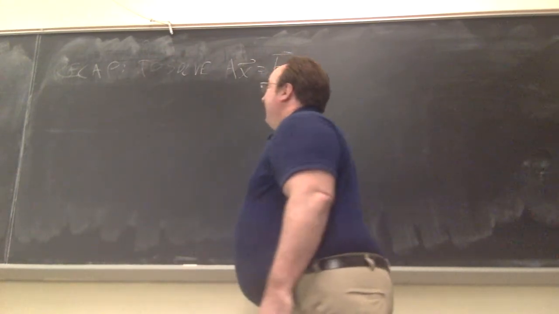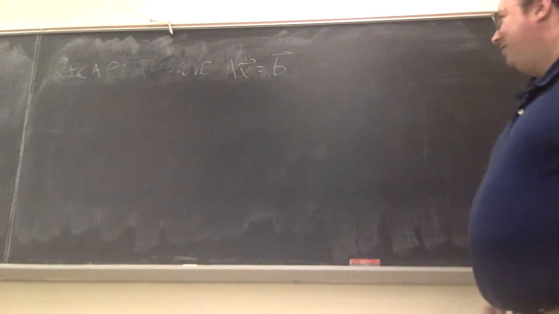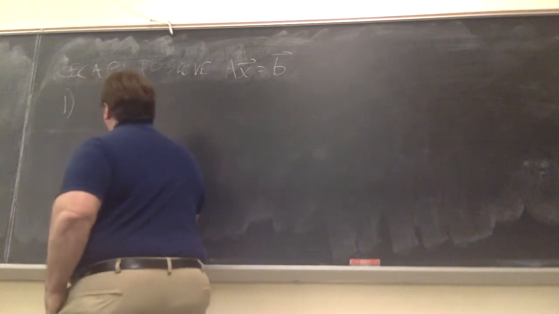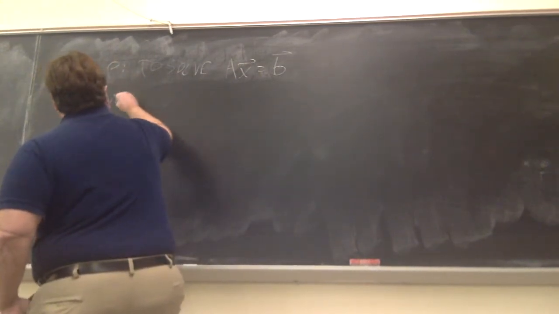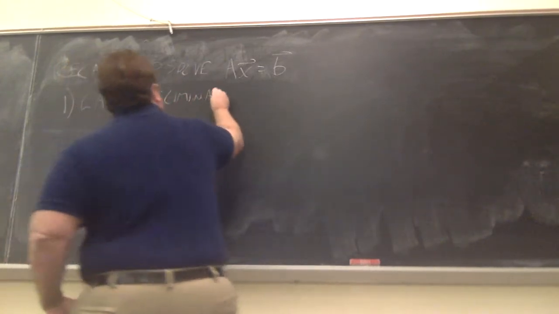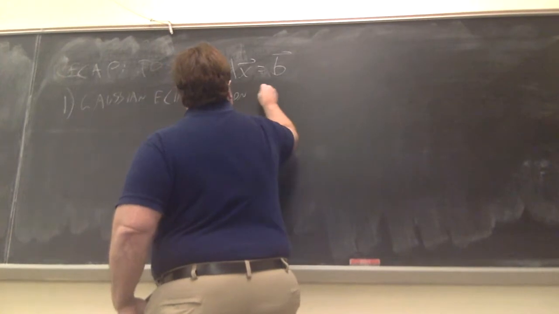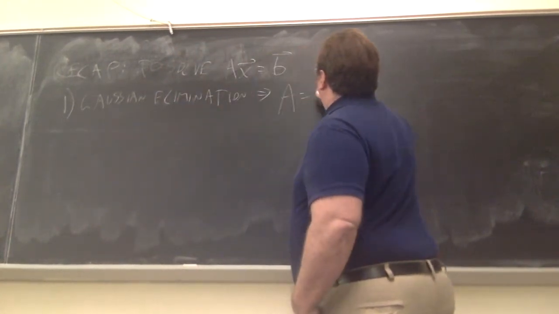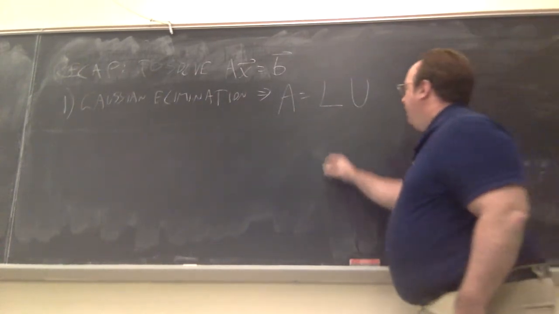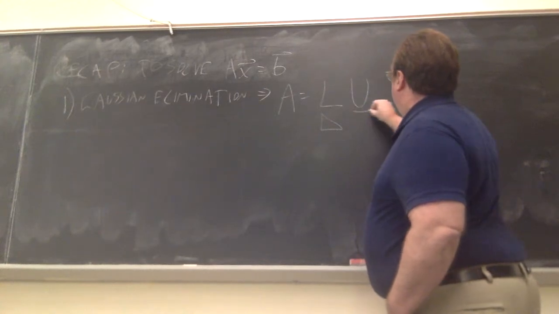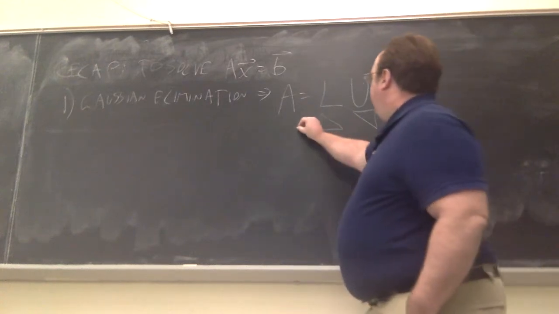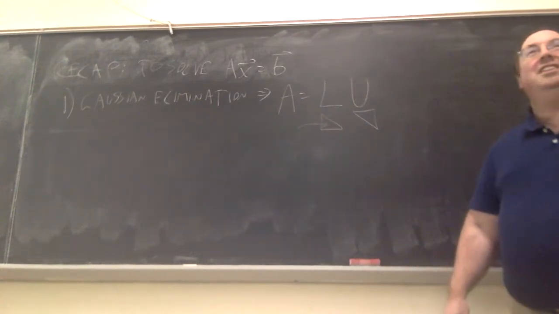Okay, so those in the back, that says recap: to solve Ax equals b, the first step is Gaussian elimination, which produces LU decomposition. A is equal to LU, where L is lower triangular, U is upper triangular, hence the L and the U. And what is in the L?